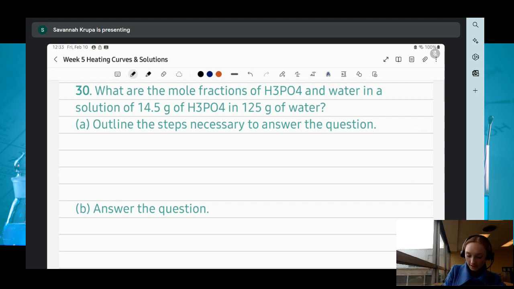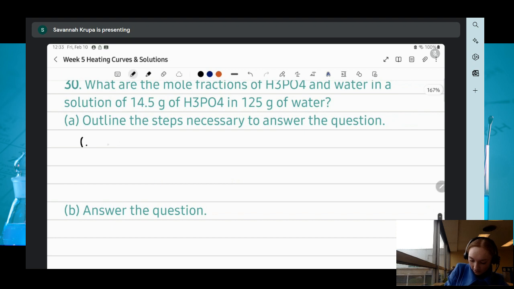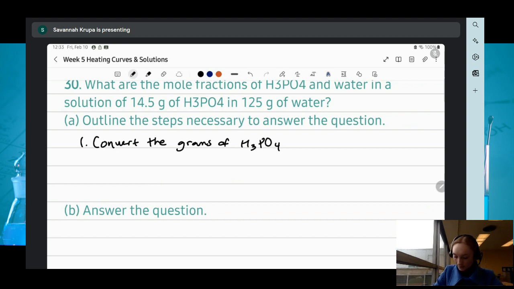So we will first need to convert the grams of H3PO4 and water to moles. So convert both.